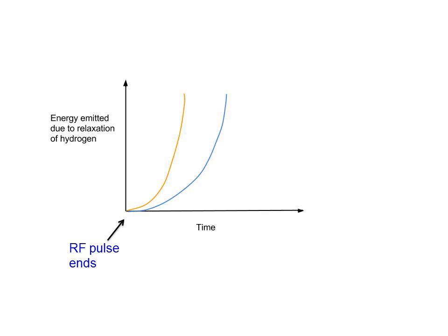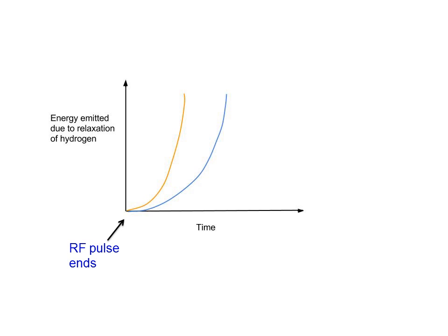So on this graph, at time 0 on the horizontal axis, the radio frequency pulse has ended, and then time will pass, and we'll measure on the vertical axis the cumulative energy that's been emitted due to the relaxation of the hydrogen atoms as their orientations return to be lined up with B0.